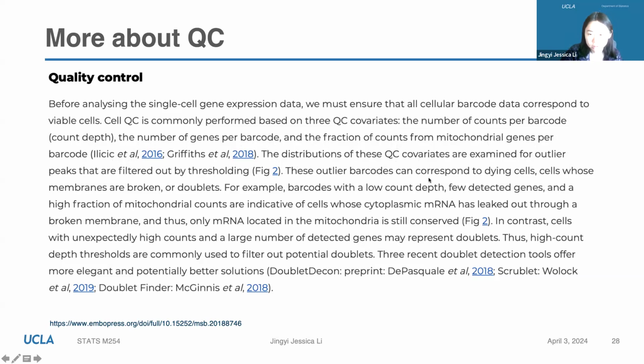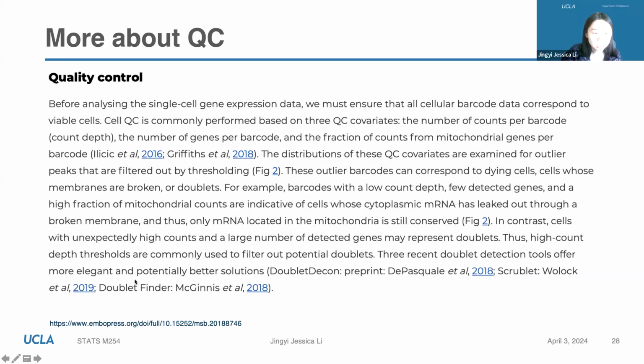These outlier barcodes can correspond to dying cells, cells whose membranes are broken, or doublets. For example, barcodes with a low count depth, few detected genes, and a high fraction of mitochondrial counts are indicative of cells whose cytoplasmic mRNAs have leaked out through a broken membrane, and thus only mRNAs located in the mitochondria are still conserved.